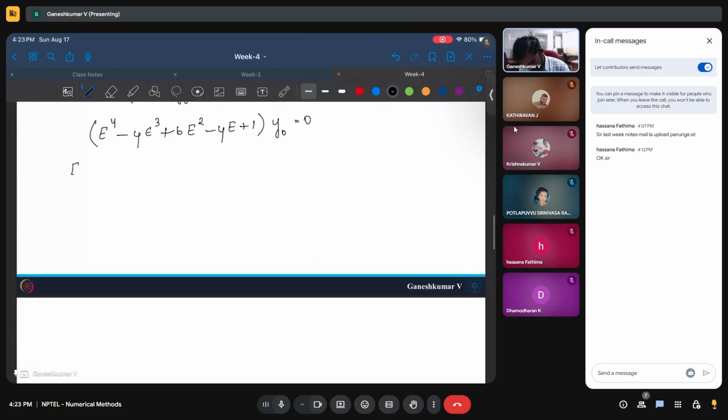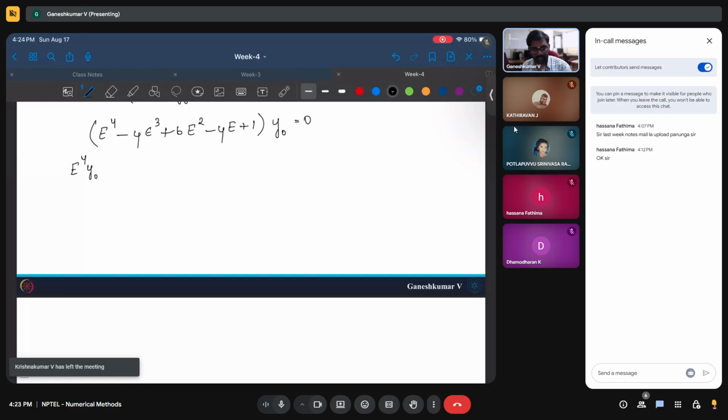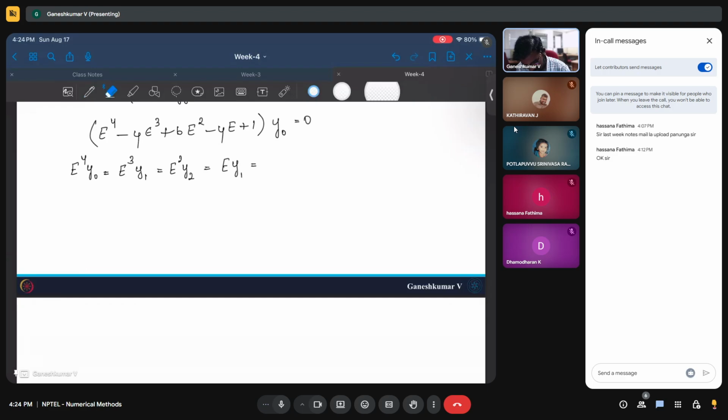So what is e^4 y0? e^4 y0 is e^3 y1, which is equal to e^2 y2. Basically I'm shifting from y0 to y1, y2, and this is a shift operator, right? Then from y2 to y3 and then y4. So e^4 y0 is nothing but y4.